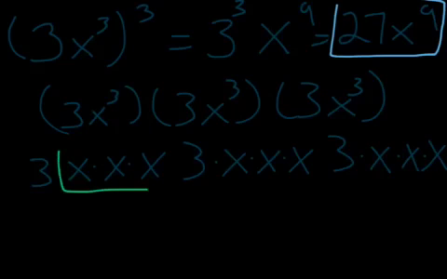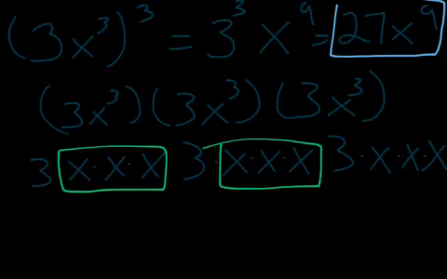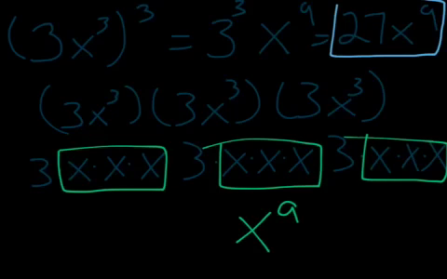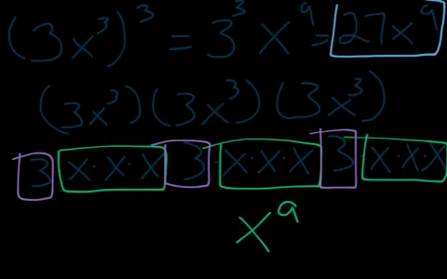We have 9 x's, and 3 times 3 is 9 times 3 is 27. 27x to the 9th.